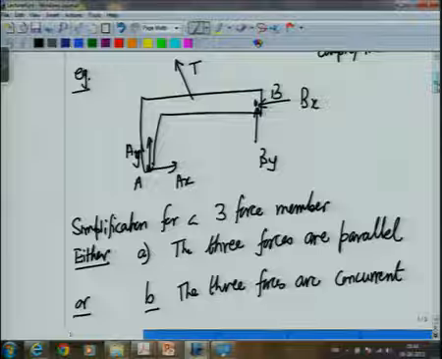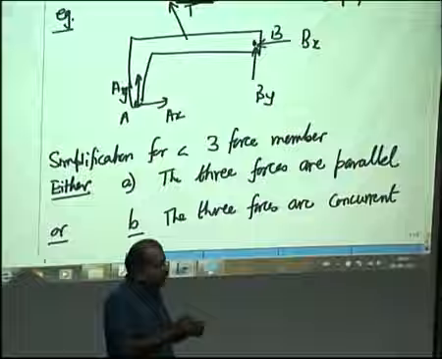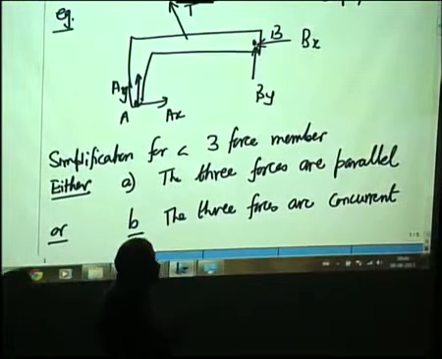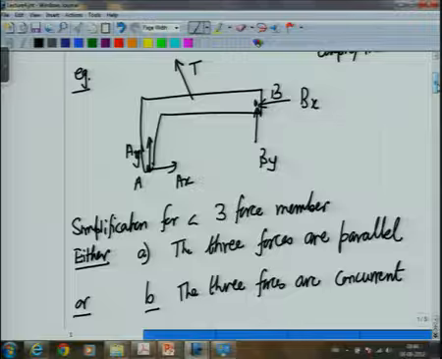But sometimes if you find that two forces are parallel, then directly by looking at it you can say the third force also has to be parallel, which you can see by putting sigma Fx equal to 0. If two forces are along y, then if the third force also has an x component, that will have to be 0. That is common sense, but you are free to use it to solve problems in the exam if it makes life easy, and otherwise you can use moments.